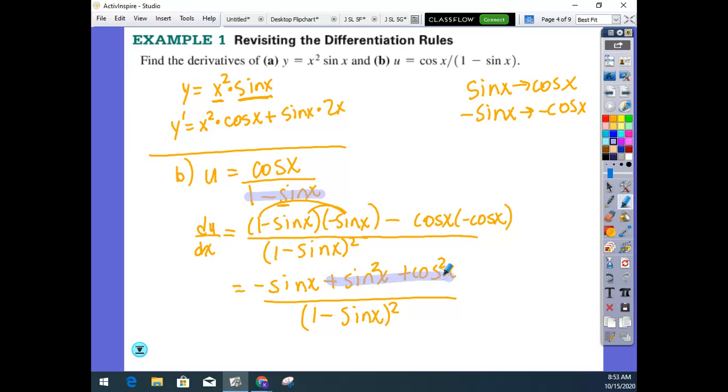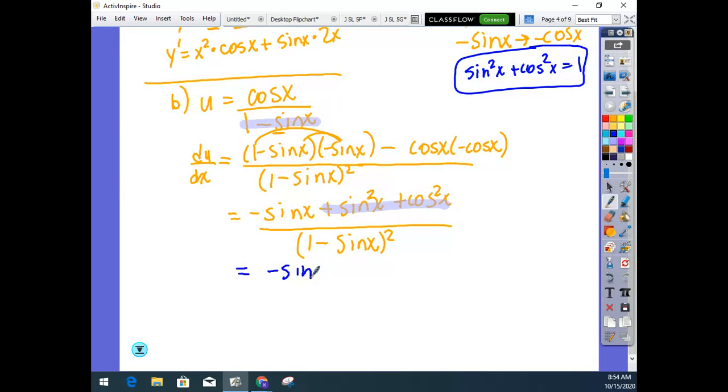Anytime you have sine squared plus cosine squared, ding, ding, ding, this is a Pythagorean identity. Sine squared plus cosine squared equals 1. One of the most important identities. You're going to use this all year long. So I can replace this whole thing with a positive 1.